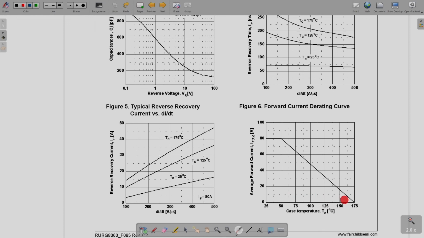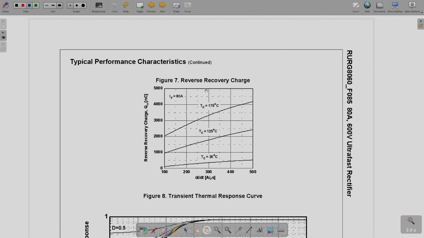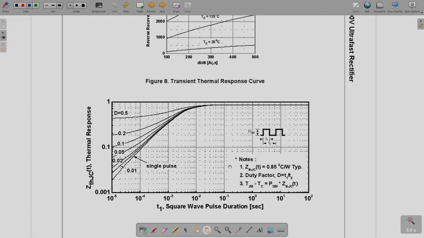As case temperature increases, the forward current that is allowed decreases. Next is reverse recovery charge QRR versus di by dt, and you can see that as di by dt increases, QRR also increases. Further, the thermal response is also given, which we will discuss later in the course when we discuss thermal design.